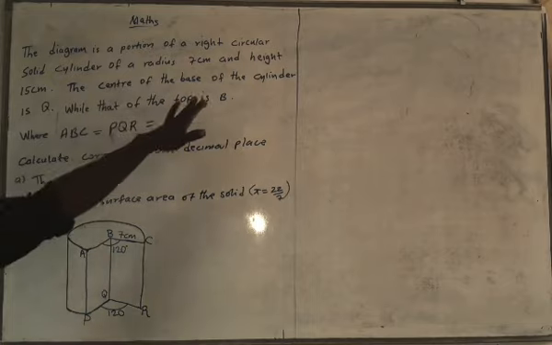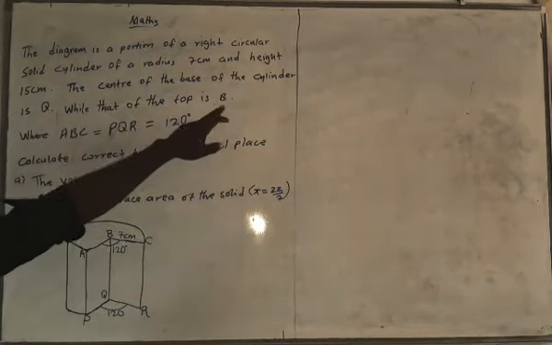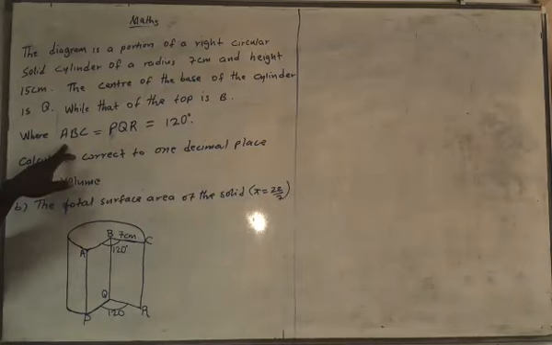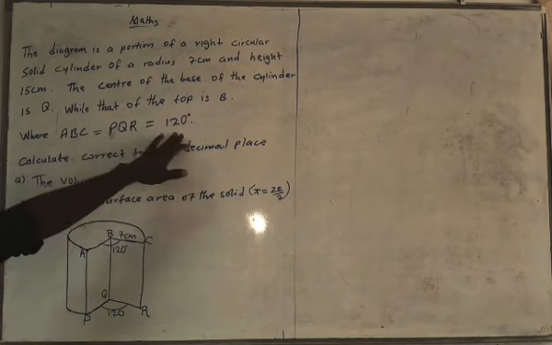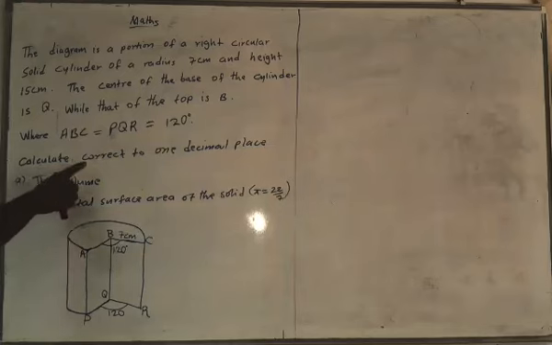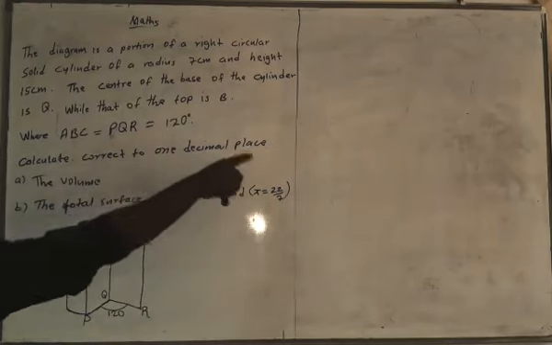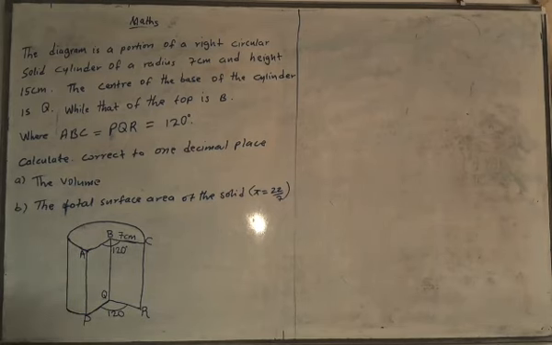The center of the base of the cylinder is Q, while that of the top is B, where angle ABC and angle PQR is equal to 120 degrees. Calculate, correct to one decimal place, A, the volume, and B, the total surface area of the solid.